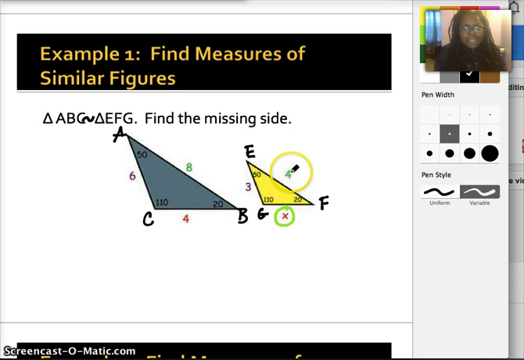So 4 to 8 is the same as 3 to 6 is the same as x to 4. I'm going to write that down. From little triangle 4 to big triangle 8, corresponding sides, is the same as 3 little triangle to 6, corresponding sides again, is the same as x is to 4.